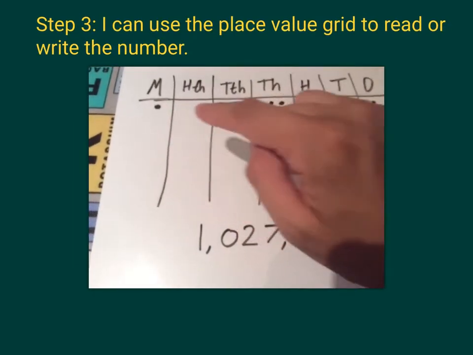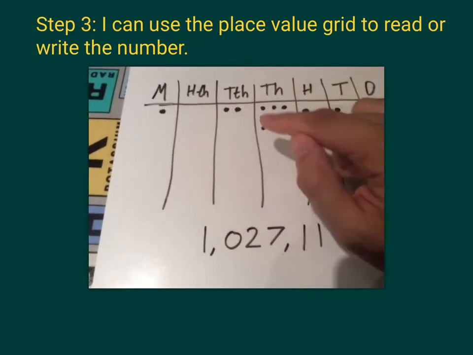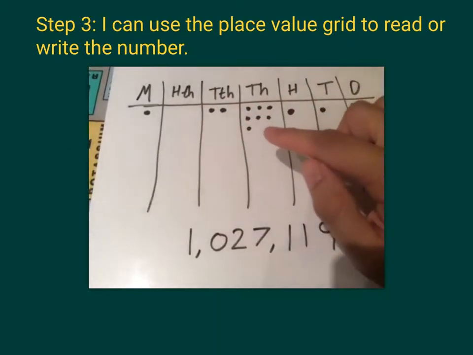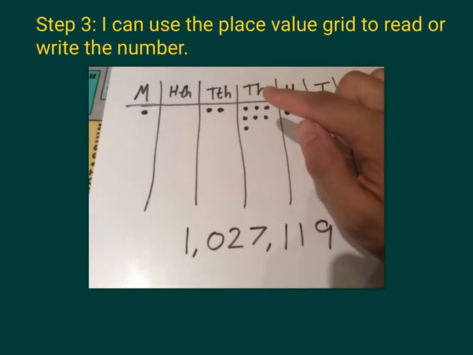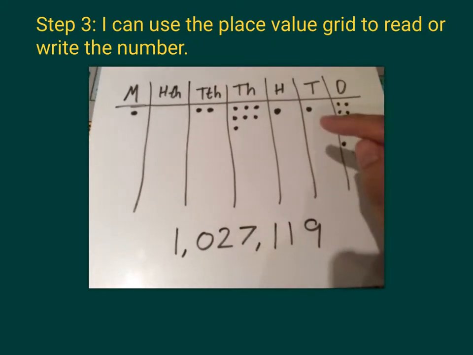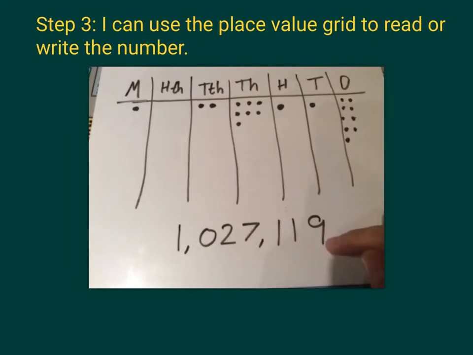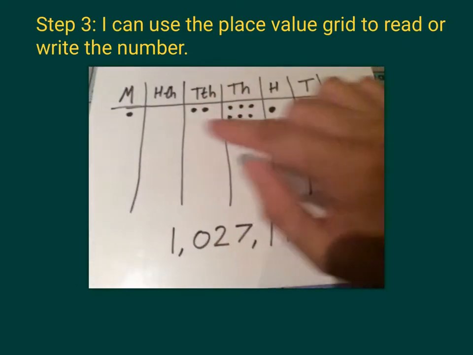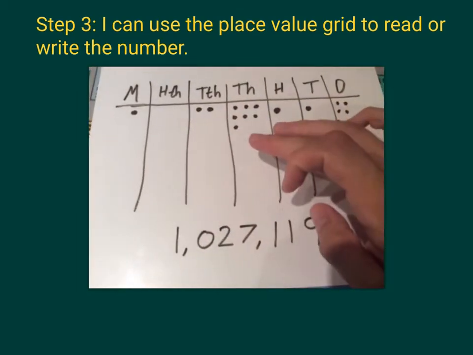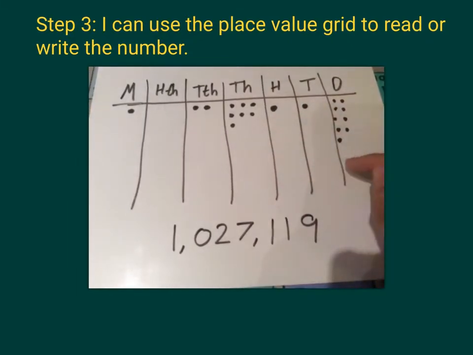So 1 million and 20. We've got 7,000 there, so we've got 1 million and 27,000. Then 100. Now we've got 10 there and 9 ones, which makes that 19. So we've got 1 million and 27,119.